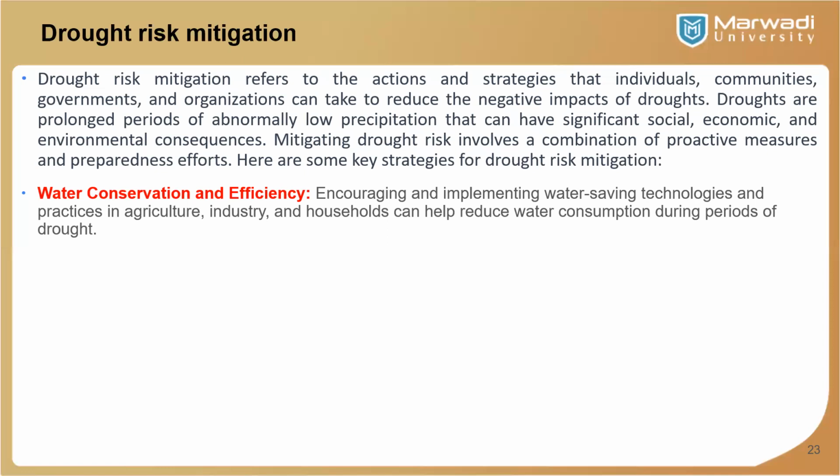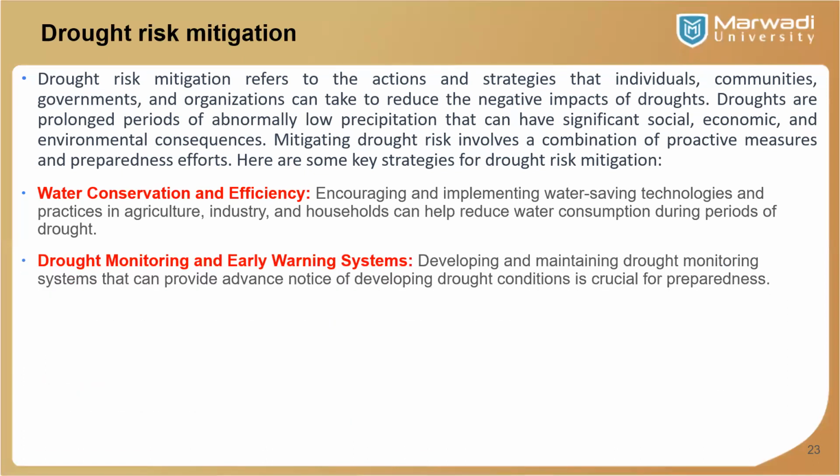Here it doesn't mean minimal usage, but optimum usage of water as per requirement, which can help in coping with drought risk.